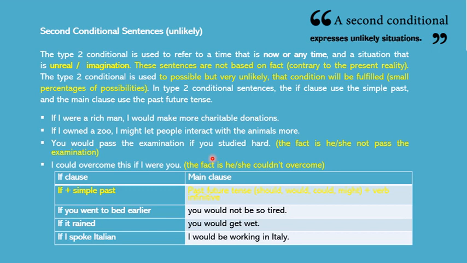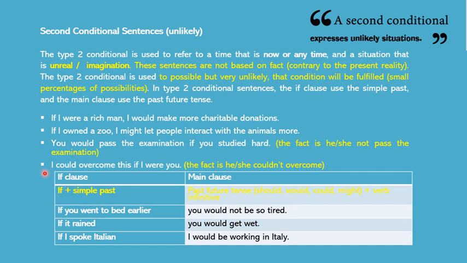What if they studied hard? Would he pass the examination? Of course, they would pass the examination if they studied hard. But the reality is, they did not pass the examination.